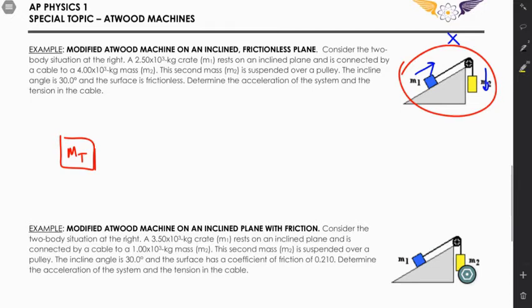But what forces do we have acting on our system? FG2 and FG1. Now, is it FG1 or is it a piece of FG1? A piece. Why is it a piece of FG1? FG1X, because we're on an incline.